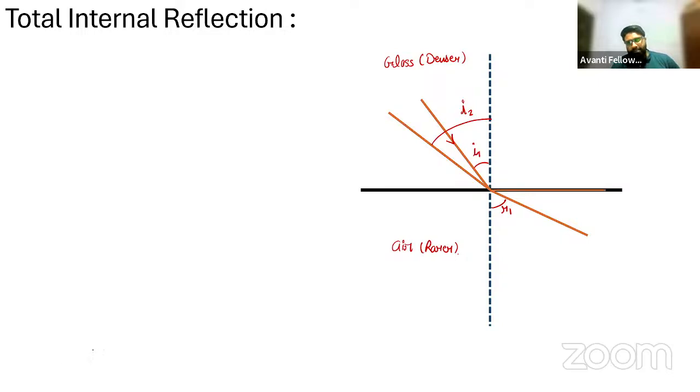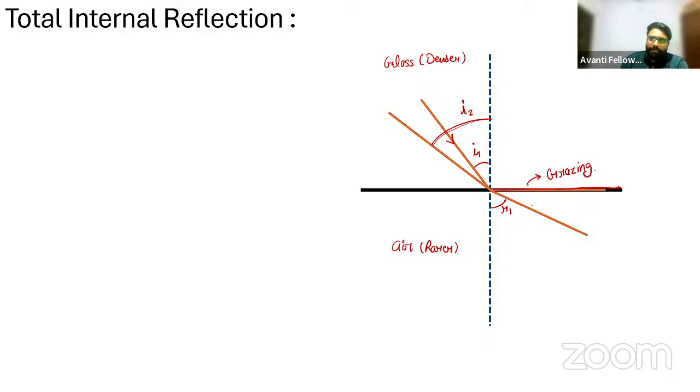So you will see that at a particular value of i2, the ray grazes over the boundary, which means it is not going into medium 2, which is air, and not going into the glass. So it is on the surface. It grazes the surface. What do we call this? Grazing of the surface.